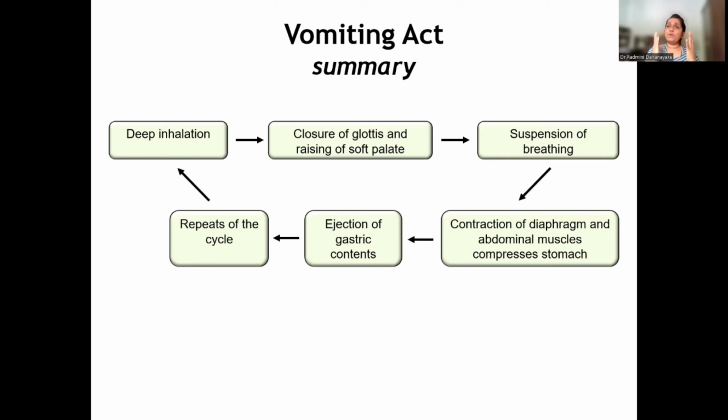Contraction of the diaphragm and the abdominal wall muscles will squeeze the stomach, which will increase the intragastric pressure. And you will eject the gastric contents out into the esophagus, because you are going to relax the lower esophageal sphincter completely. And then you put your gastric contents out, right? So this is repeated until you are removing the stimulation from your body. You will repeat this cycle over and over again.